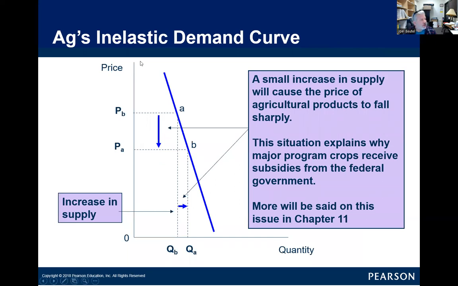So if we have ag's inelastic demand curve, once again, a small increase in the quantity supplied will cause the price of the product to fall a lot more sharply. This situation explains why major program crops receive subsidies from the federal government, because farmers are left susceptible to huge price swings when there are very small changes in market supply that they really can't control for, and they can't account for.